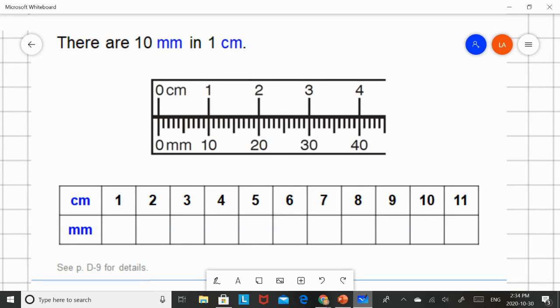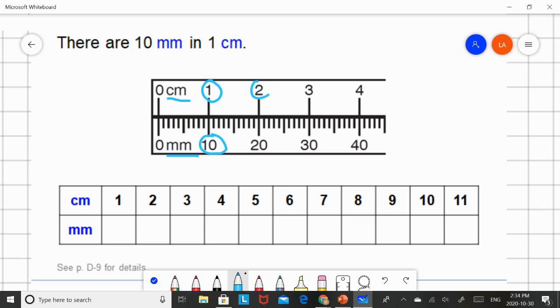Like I said before, there are 10 millimeters in 1 centimeter. Up here you can see the centimeters and then the millimeters down here. Every 1 centimeter is made up of 10 millimeters. 2 centimeters is 20 millimeters. 3 is 30, and 4 is 40.